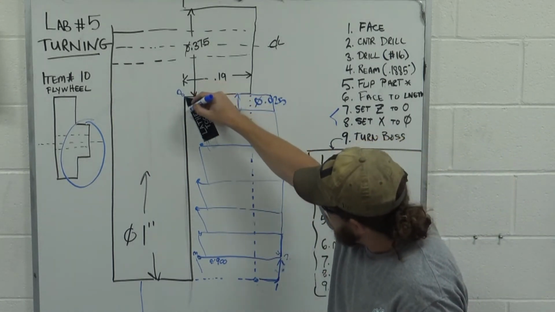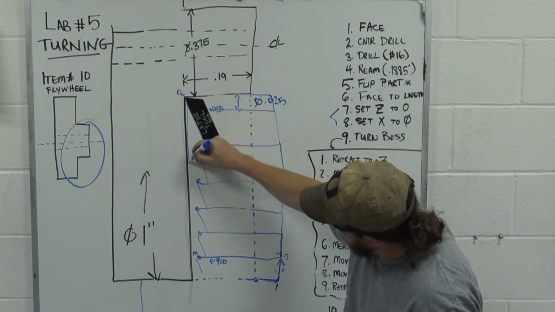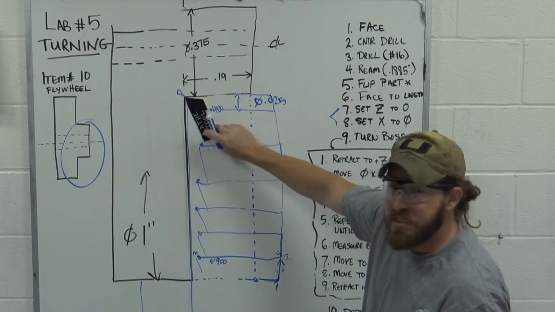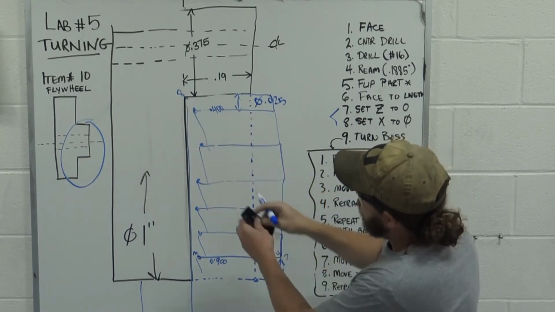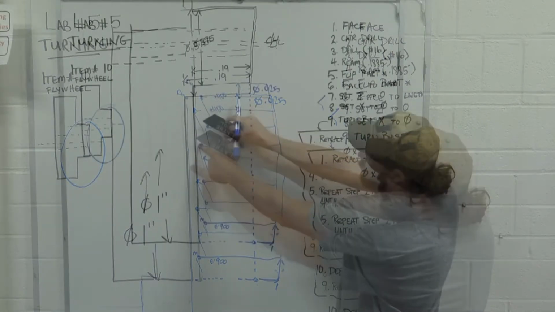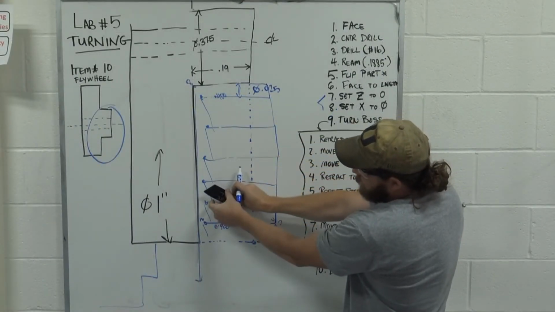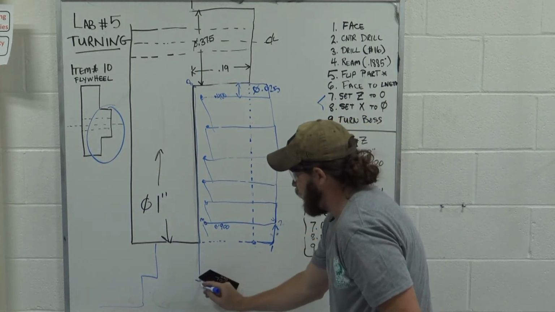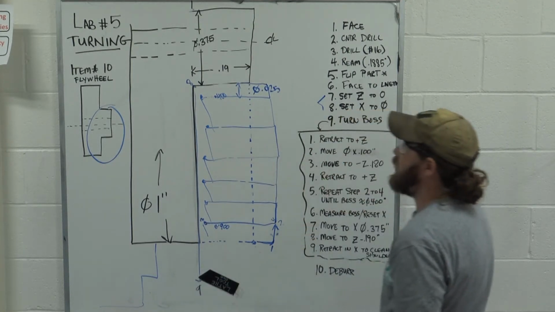All that means is we're going to just bring this tool all the way down, and it's going to end up cutting all these little steps all along the way. Like that.